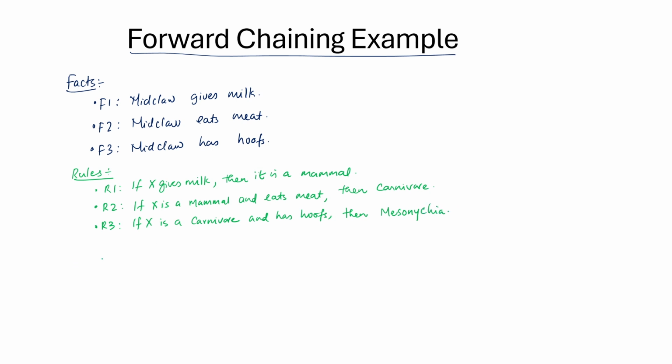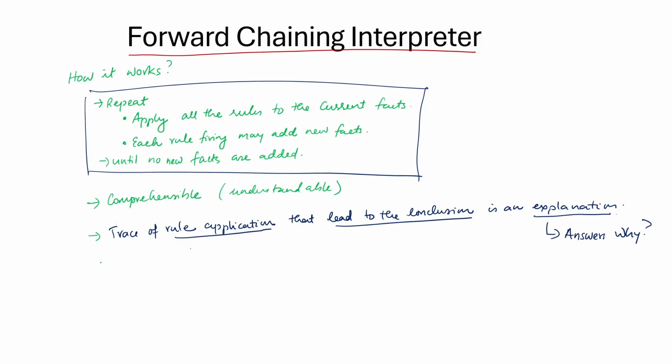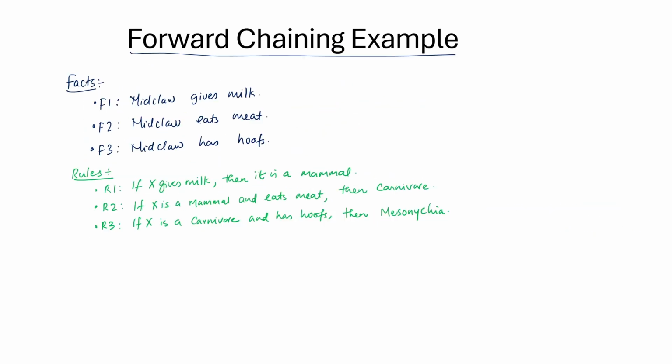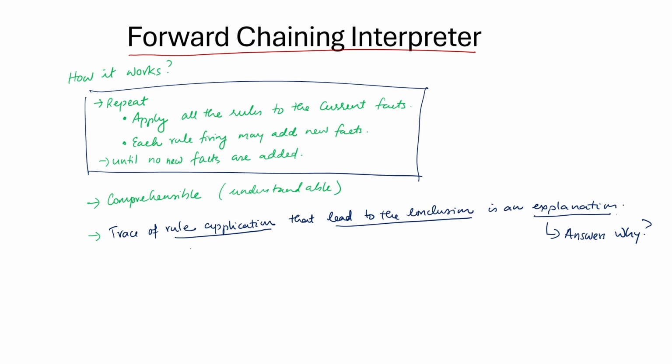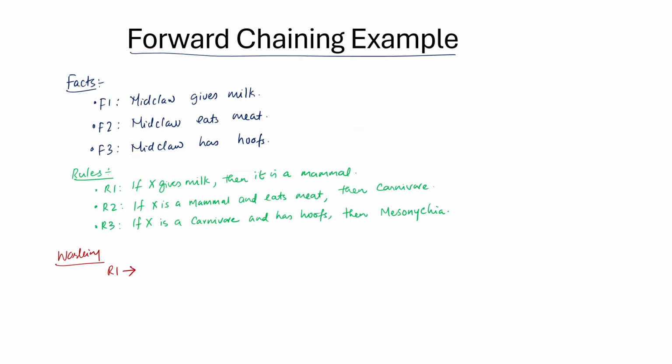So, how will this work? The logic basically says apply all the rules to the current facts. So, first, apply R1. R1 says if X gives milk, then it is a mammal. So, if Mid-clo gives milk, obviously yes, Mid-clo is a mammal.